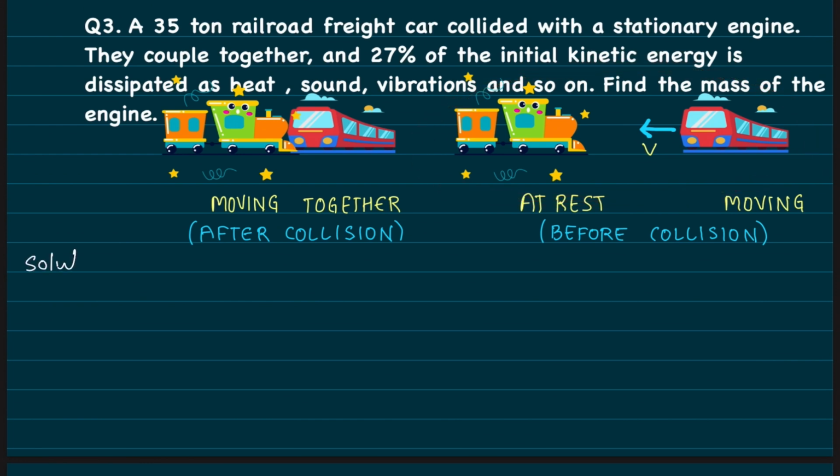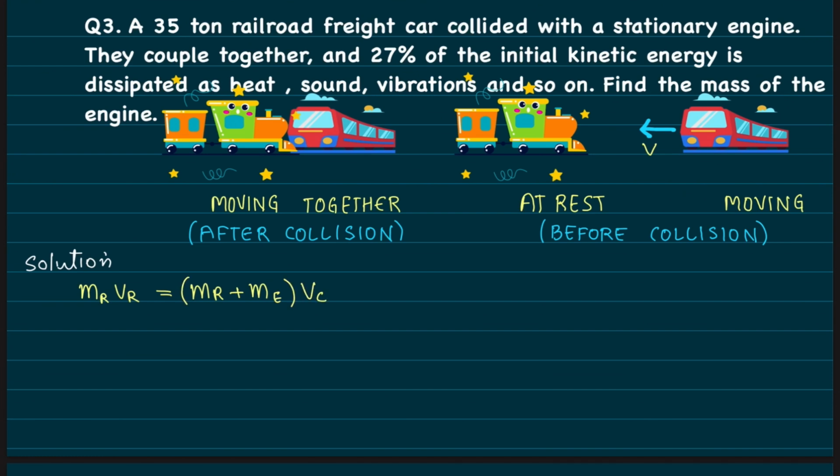Solution. So conservation of momentum says mass of the train, or you can say mass of the rail, and speed of the rail is equal to, after the collision, because they both are moving together, mass of the rail plus mass of the engine, moving with some common velocity vc.